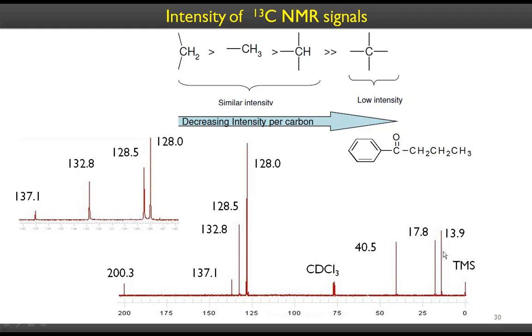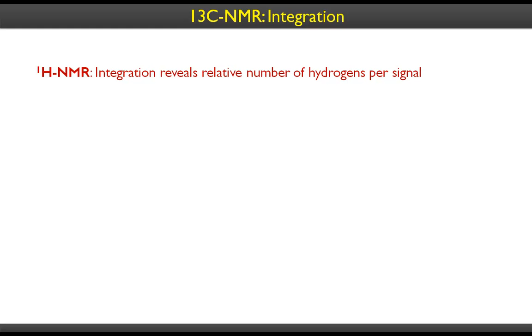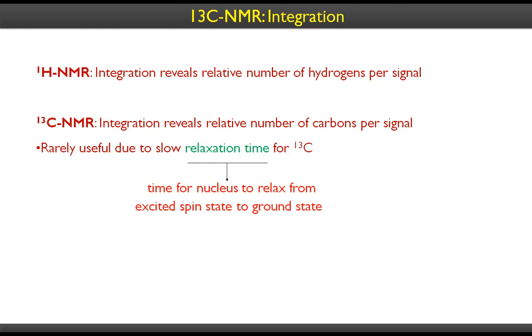Then you can count 1, 2, 3, 4, 5, 6, 7, and if you zoom in on this area, you can find that there are 2 peaks. Though it looks as though they are overlapping, you can zoom in and see that there are 2 peaks. So we have a total of 8 peaks here. Each chemically non-equivalent carbon gives a peak, just the intensity is different depending upon whether they're quaternary, tertiary, secondary, or primary. Anyhow, I'm going to skip these slides.